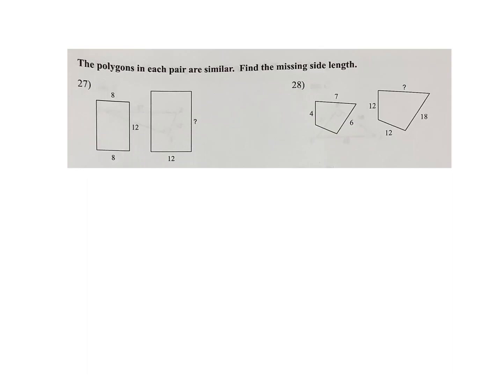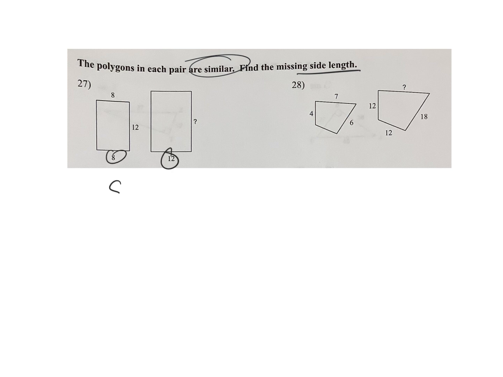All right, then that takes us to the next page. 27. The polygons in each pair are similar. Find the missing side length. If they're similar, then you set up a proportion.